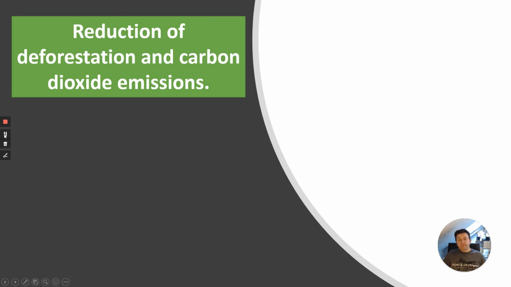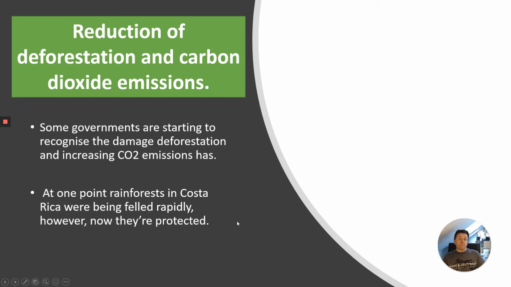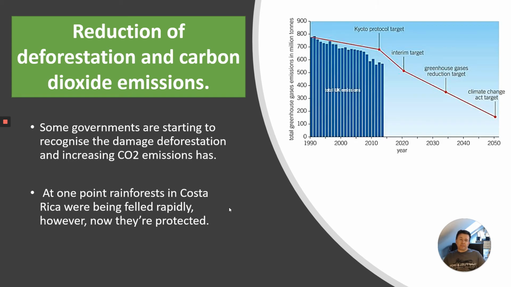From a previous video, when we talked about global warming, it's pretty clear that we need to reduce deforestation and carbon dioxide emissions. Some governments now, in fact most if not all governments, are starting to recognize the damage that deforestation and increasing CO2 emissions have. At one point, rainforests in Costa Rica were being felled rapidly. However, now they are protected.